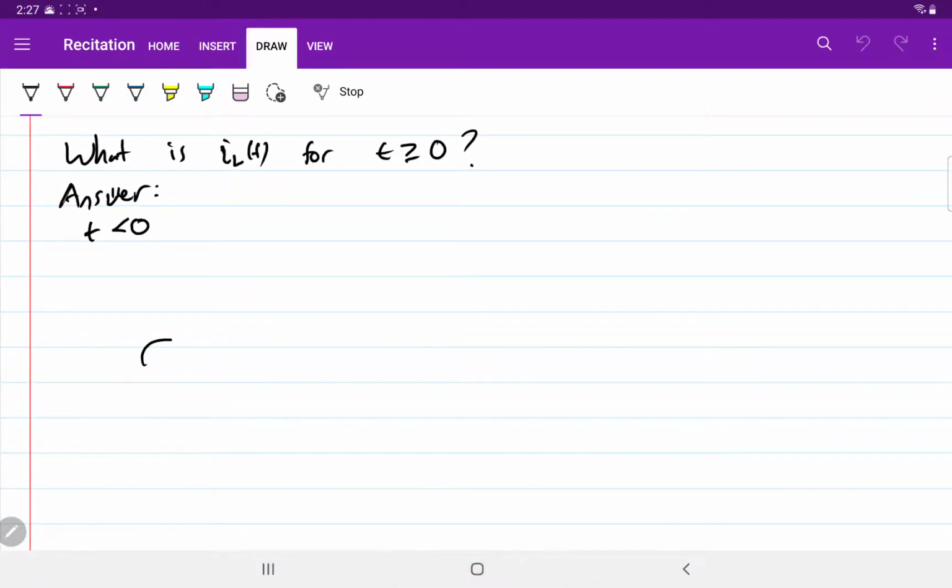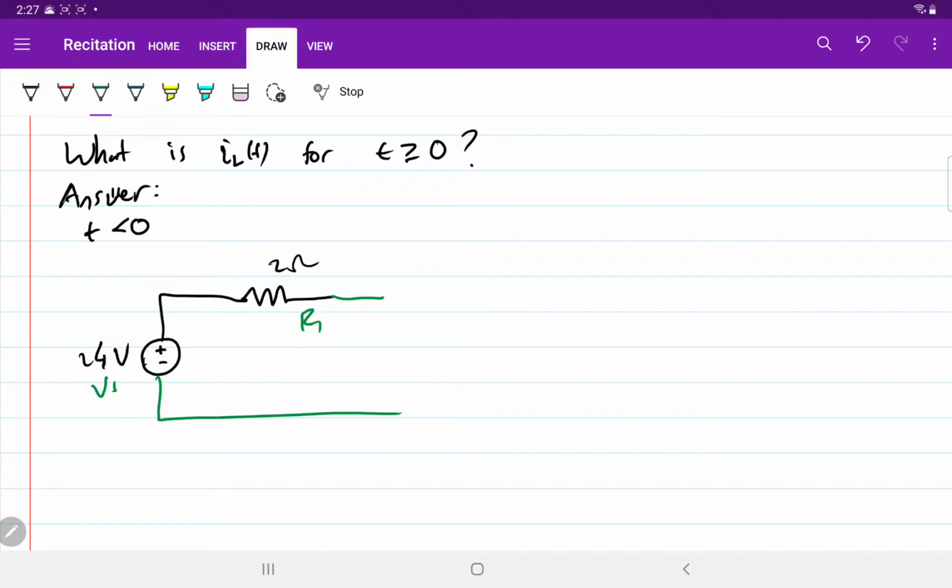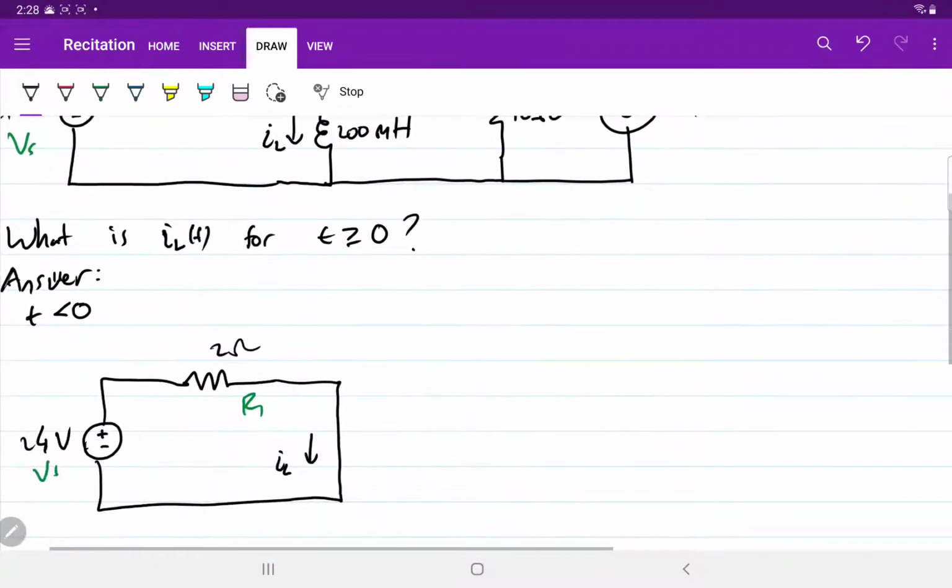So what we have is 24 volt, this is Vs, 2 ohms, R1. So this is what we have, right? And this is IL. Okay, this is t less than 0.